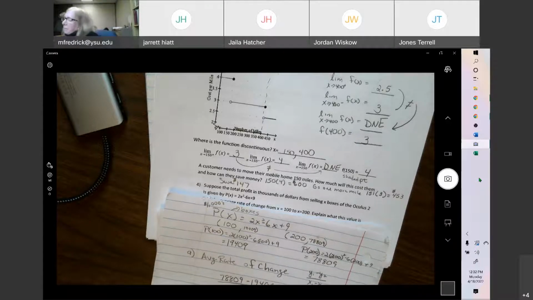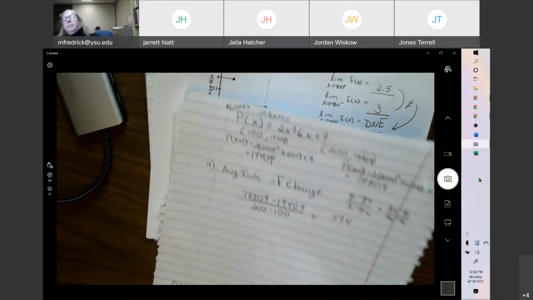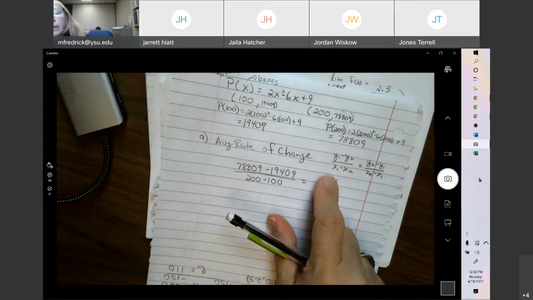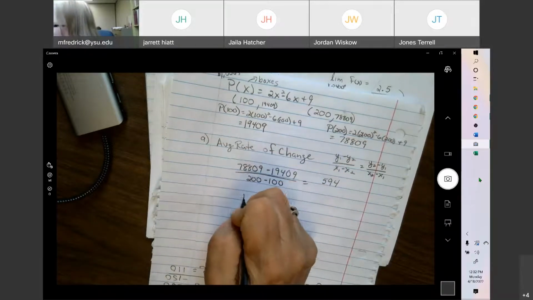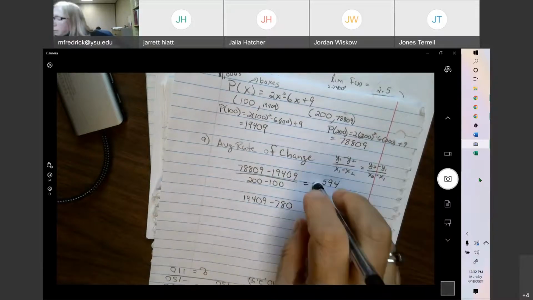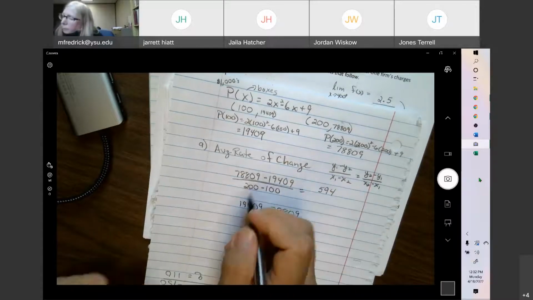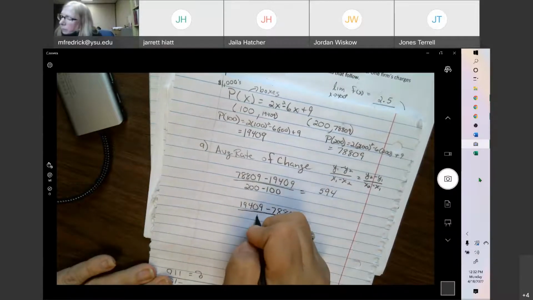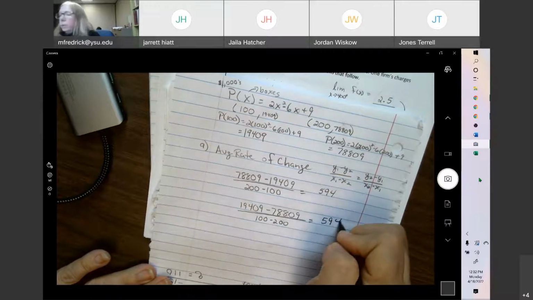Oh, okay. It will be the same either way. For your slope, you could put y1 and x1 or y2 and x2. If we subtracted these in the opposite order, we are still going to get 594.